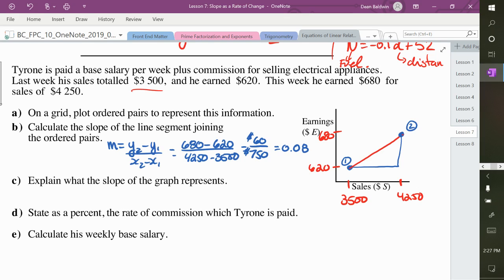So what does 0.08 represent? The commission, but what would you say? How much does he earn per sale? Not 0.08? That'd be very little.